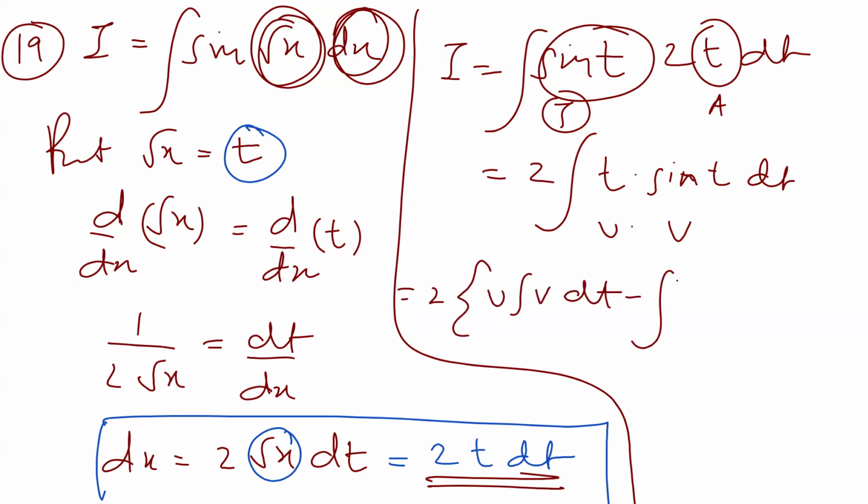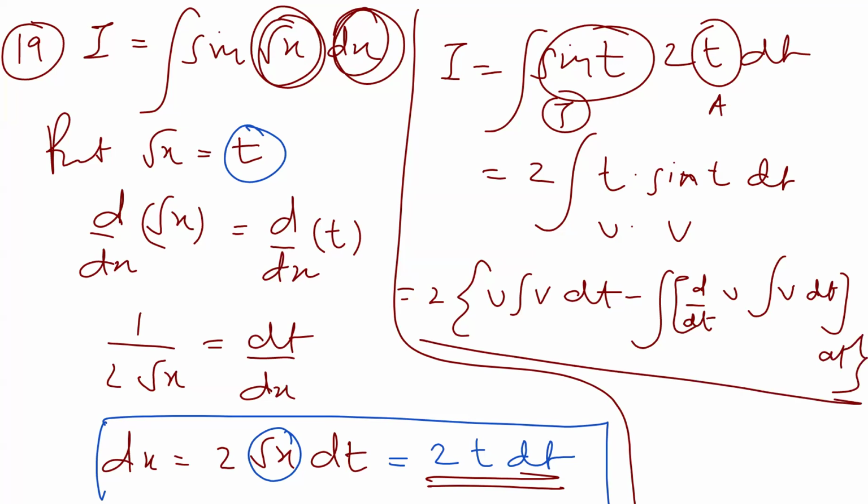Now don't write dx, write dt. dy dt of u, integration v dt, bracket close, dt, and then curly bracket close. So you can put these values over here, integrate with respect to t, and towards the end, once you simplify everything, you can put the value of t as root x.